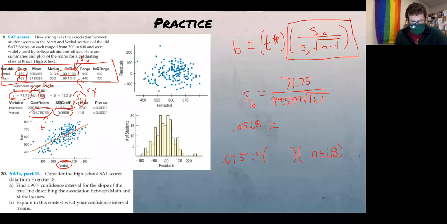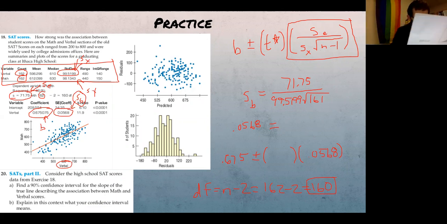All right, now the T star on this. My degrees of freedom, because there's 162 in my count, is going to be n minus 2, which would give me 160 degrees of freedom. Now with this, we just want to go to the next lowest. So 100 would be the next lowest, with a 90% confidence level with 100 degrees of freedom from this table.